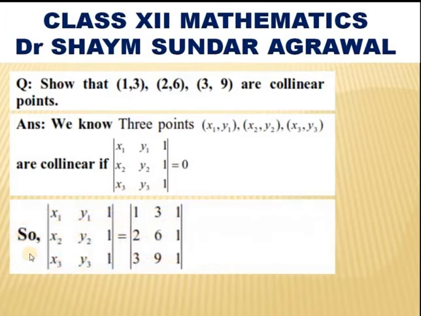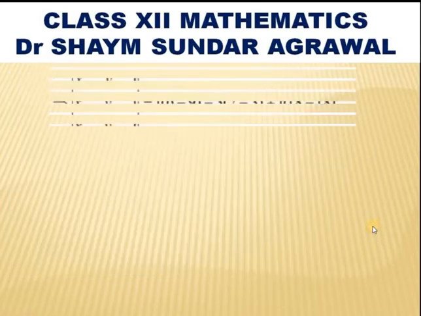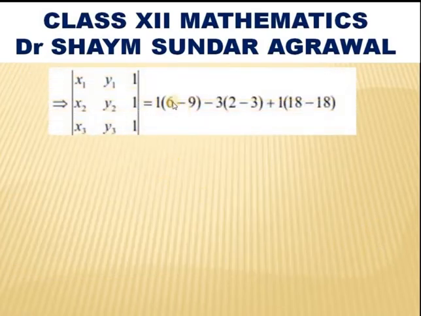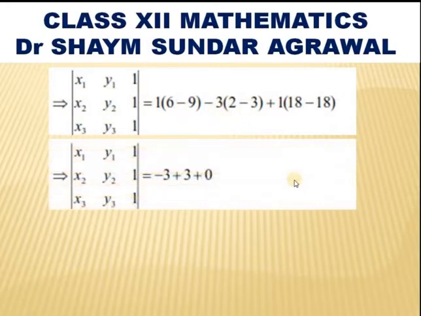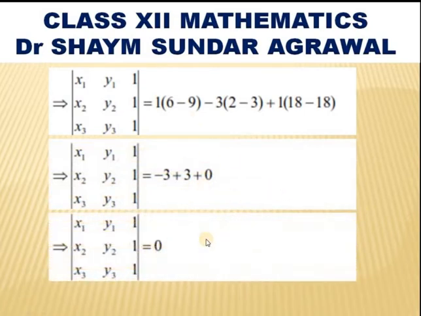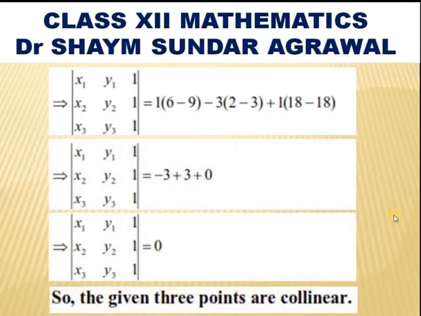That means the determinant of 1, 3, 1, 2, 6, 1, 3, 9, 1. So the determinant is 1 into (6 minus 9), minus 3 into (2 minus 3), plus 1 into (18 minus 18), that is minus 3 plus 3 plus 0, which is equal to 0. As this determinant is equal to 0, the given three points are collinear.